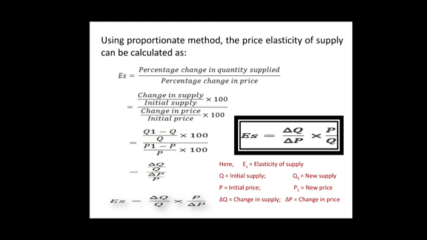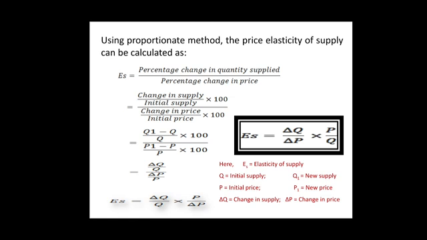So dear students, since price and quantity supplied in usual cases move in the same direction, that is, there is positive relationship between price and quantity supplied, the coefficient of elasticity of supply is positive, which may range from 0, which means perfectly inelastic, to infinite, which means perfectly elastic.